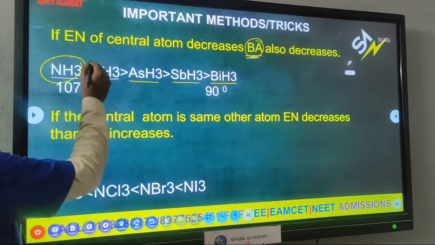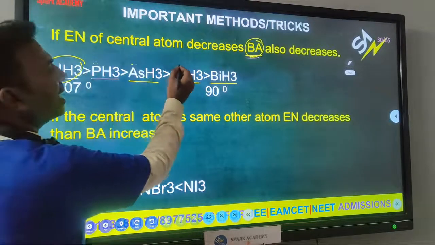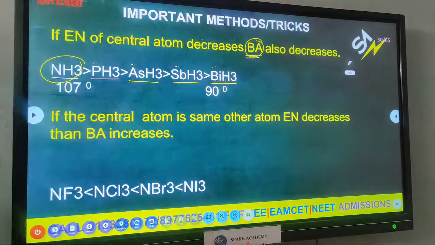But every central atom here contains one lone pair, so the lone pair is also common. What is the difference here? Only the electronegativity of the central atom. Why is the electronegativity of the central atom decreasing?